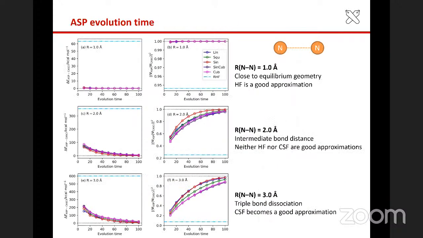And this is the result of the adiabatic preparation with respect to the evolution time with different molecular geometries. In all cases, the sinusoidal scheduling function, the red one, gives the best performance.